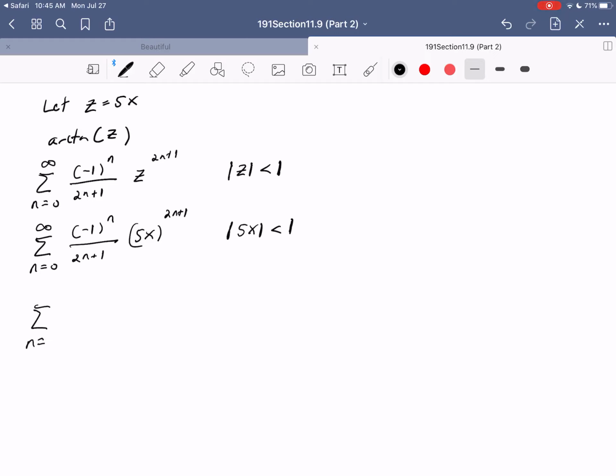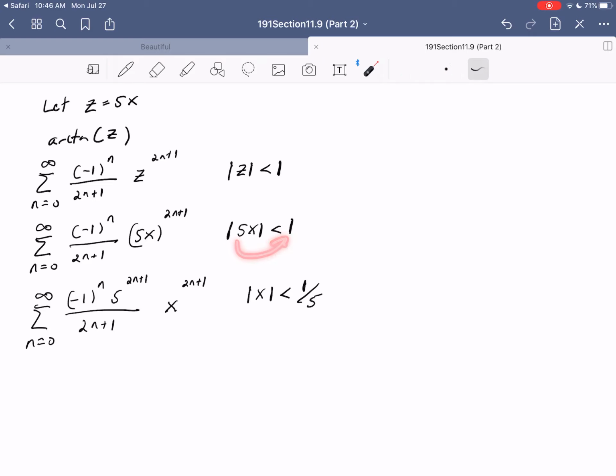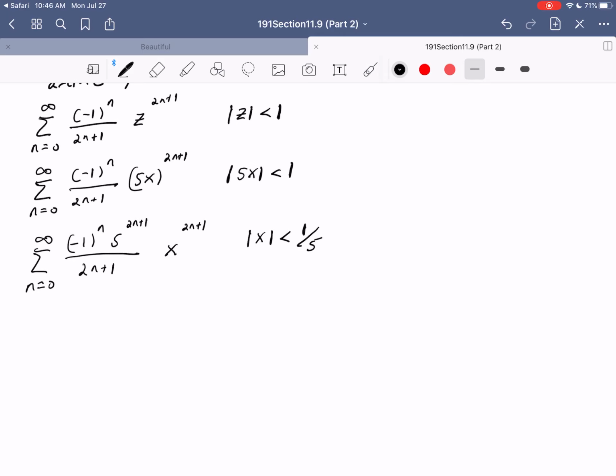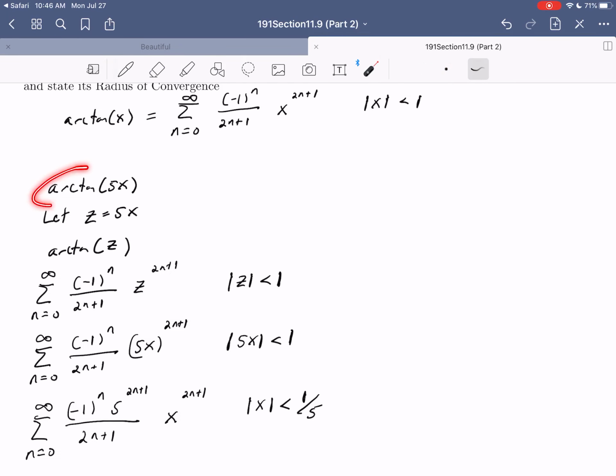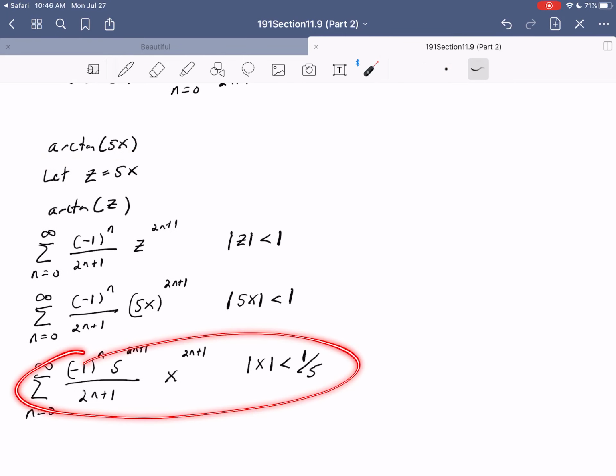So we have the sum from n equals 0 to infinity of (-1)^n, 5 to the 2n plus 1, over 2n plus 1, x to the 2n plus 1, as long as the absolute value of x is less than 1/5, because we can divide the 5 over. So what we've just figured out is that arctan of 5x is equivalent to this as long as we're on this radius of convergence.